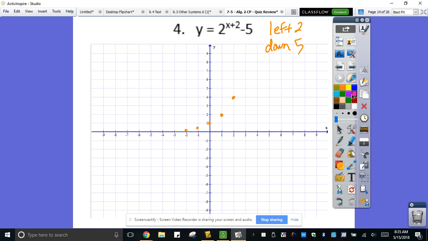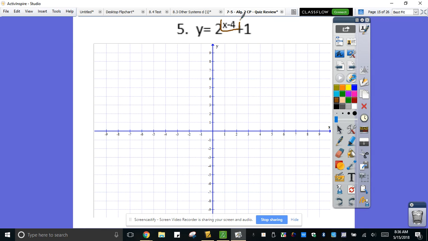So I'm going left 2, down 5, left 2, down 5, left 2, down 5, and just make sure it's a smooth curve. Make this a straight line here first, and then it goes up gradually. Arrows, and that's the graph of y equals 2 to the x plus 2 minus 5.